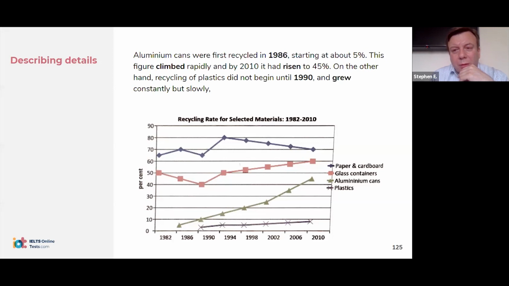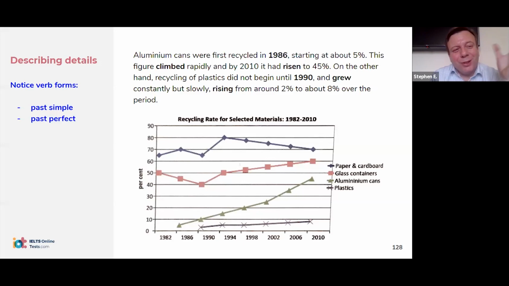Yeah, good. So grew constantly but slowly. What's going to go in there from around 2% to about 8% over the period? What's going to go in the gap there? Okay, Michaela, yeah. Okay. Rising from around 2%. Okay.